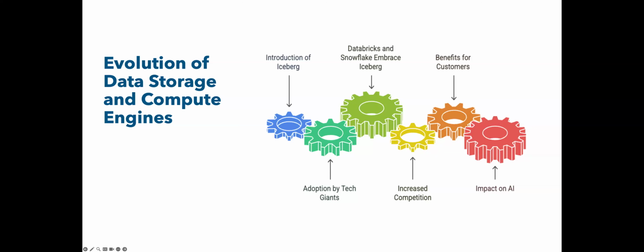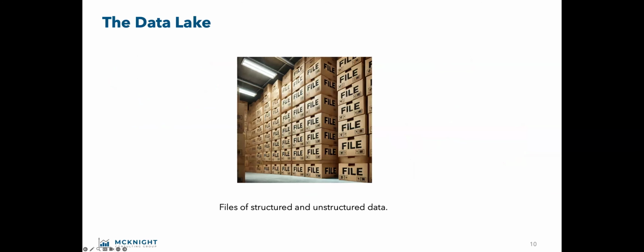However, in 2024, the two largest players, Databricks and Snowflake, have both embraced Iceberg, enabling their customers to store data in this open format as well. This is huge for customers, because with every major database vendor embracing Iceberg, this ushers in a new era of competition at the compute layer. Customers are no longer locked in with their platform vendor, and can now shop it around.